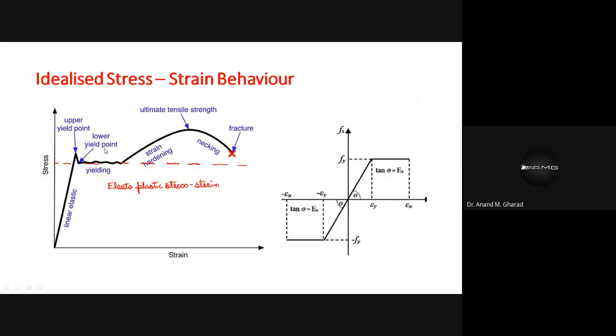Idealized in the sense it has been modified. This was the true stress strain curve. However, with some understanding, this has been modified and idealized in the form of a bilinear elastoplastic stress strain curve. Why elastoplastic? Because up to this point, the behavior is elastic, whereas from this point onwards, it is completely plastic.